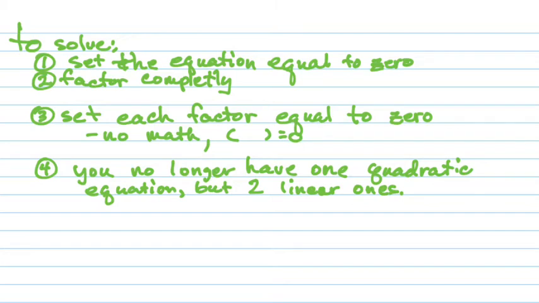In other words, the highest exponent now, because when you factorize something, the highest exponent you're ever going to get, if it's properly factorized, is a 1. Okay? So you're no longer going to have one quadratic, but two linear. So what you want to do is solve the two linear equations using the process that we've already talked about.